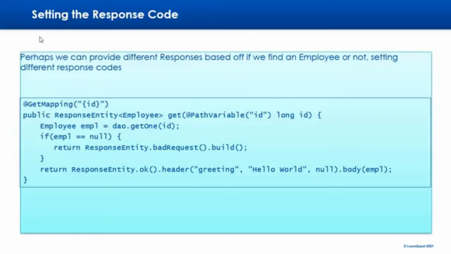Now, perhaps different scenarios result in different status codes, and that is true. We have lots of different HTTP status codes. Here's an example where I receive the ID, I delegate down to my DAO, but I don't get an employee back because maybe the ID doesn't exist on the DAO or wherever the data is being sought from.